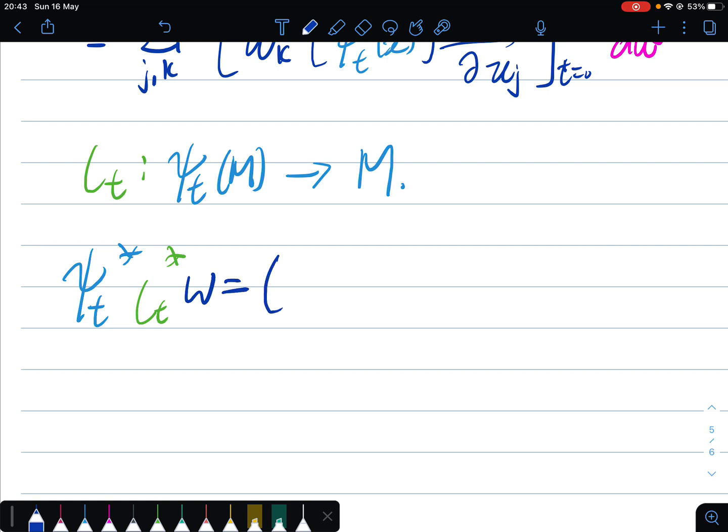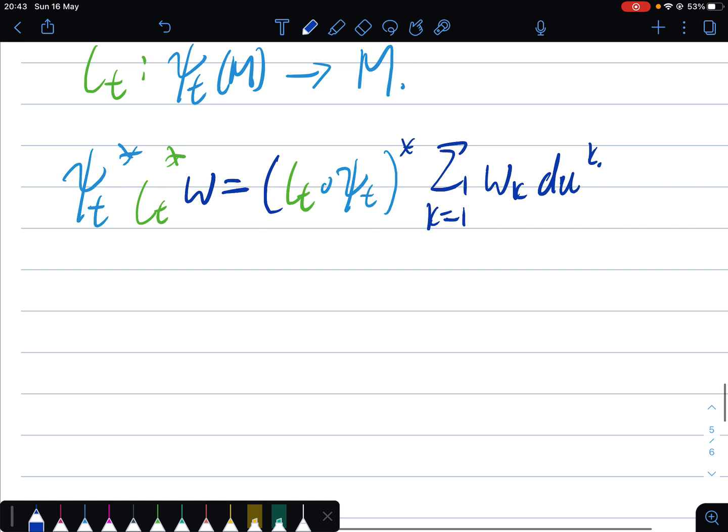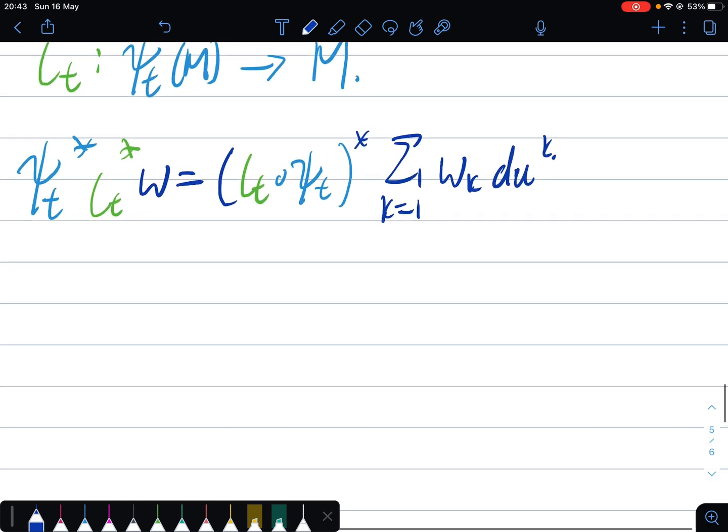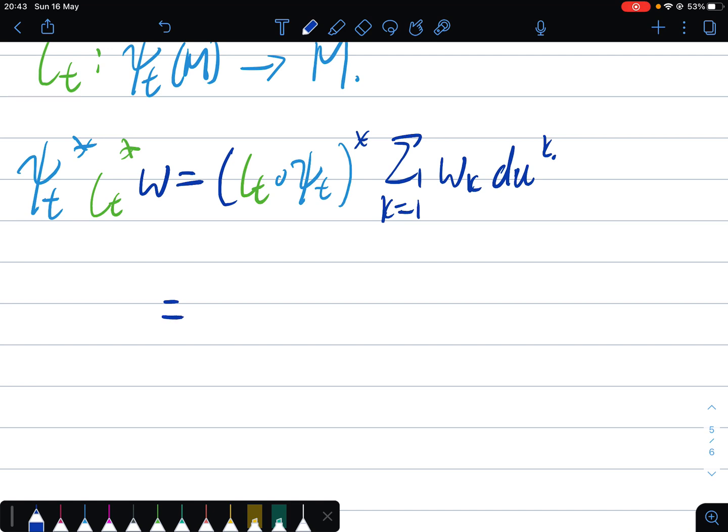By the chain rule we can find that it's just a composition of the omega_k du_k. And then we put all of this together, add on the differential form also, and by the definition we will get the following stuff.